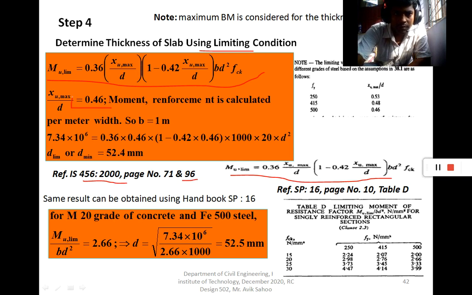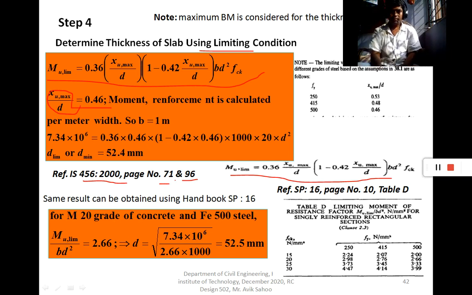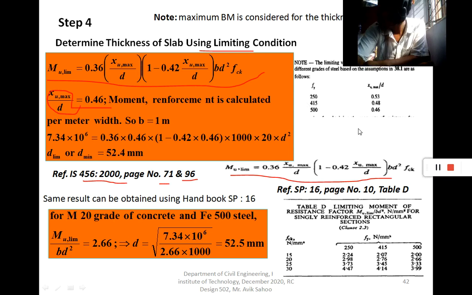The Xu max by d value we get from page number 71 for different grades of steel. The moment and reinforcement are calculated per meter width. So b is equal to how much? 1 meter.